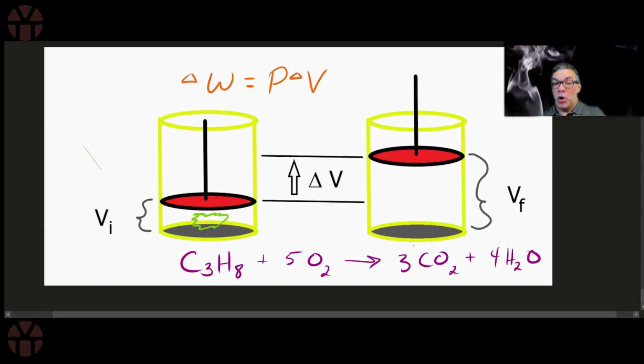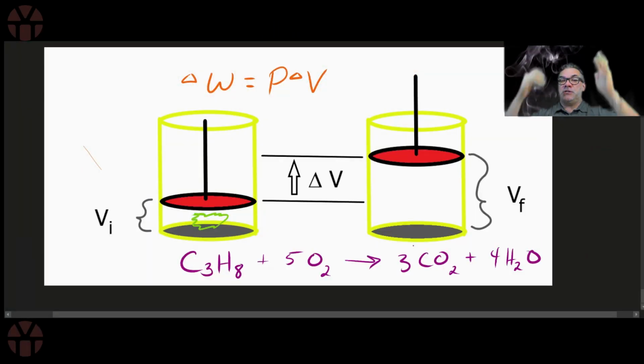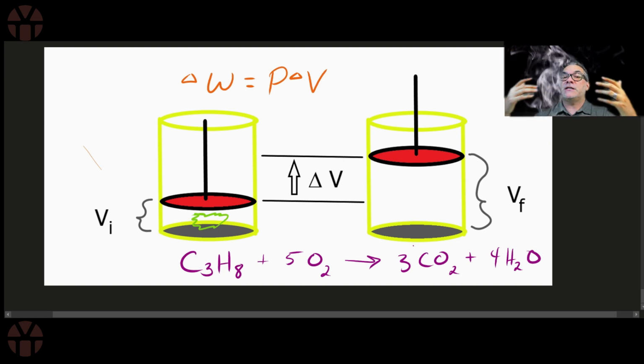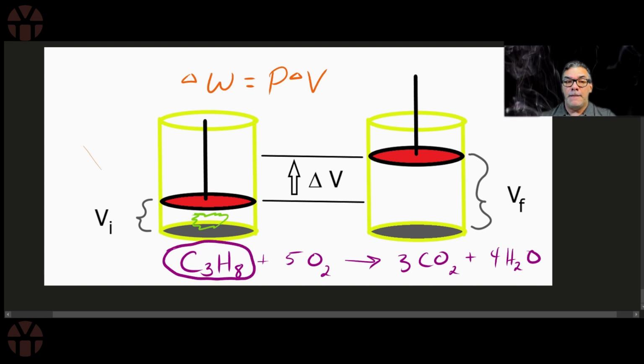I'm making more gases than I started off with. So what happens? It goes kaboom. The gases push on the piston. They cause the piston to move upwards. The volume expands.